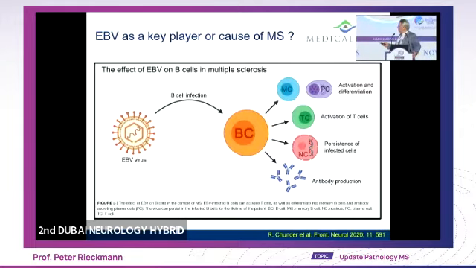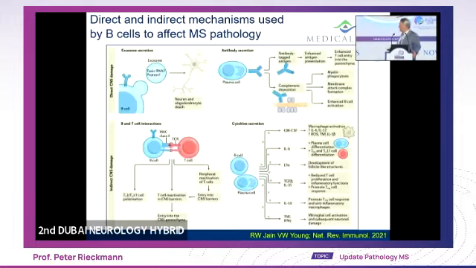It can induce the activation of T cells and, of course, the differentiation into plasma cells. So the question is, what is the major mechanism by which Epstein-Barr virus induces all these capabilities of B cells? There has been a very nicely recently published review on the role of B cells in CNS pathology, on the different aspects of how the B cells might behave.